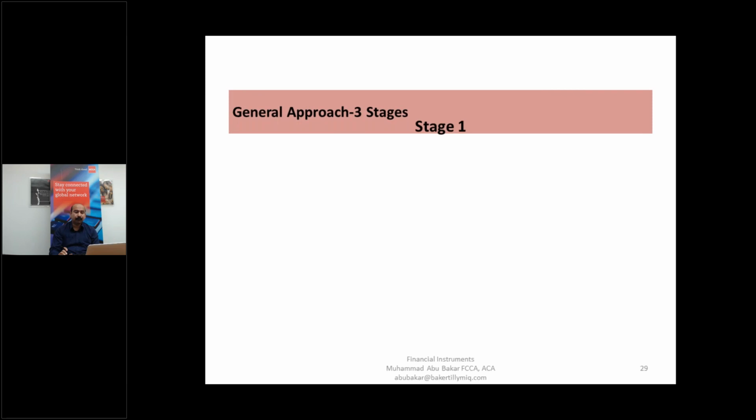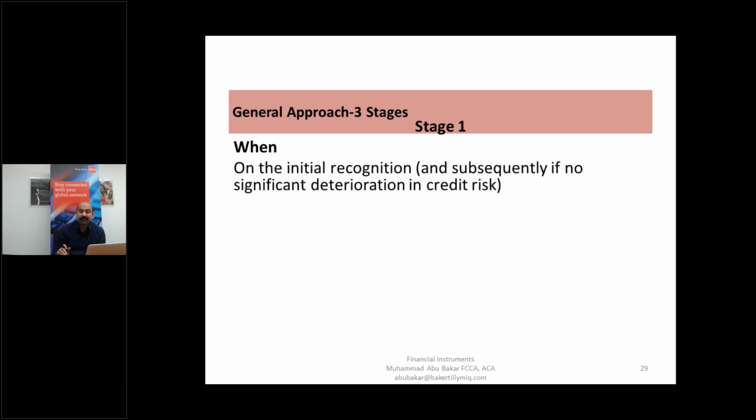What is the general approach? See, the general approach involves 3 stages. At initial recognition, an entity shall estimate the cash flows expected by considering all contractual terms of the financial instrument and estimating reliably the expected life of the financial instrument compared with the cash flow it expects to receive. If the credit risk of the financial asset is assessed to have increased significantly since the initial recognition, then it enters stage 2 of the model.